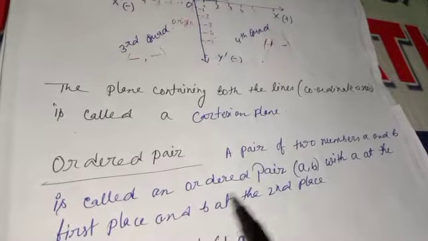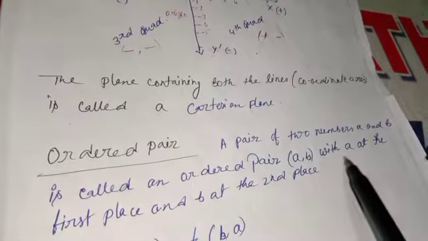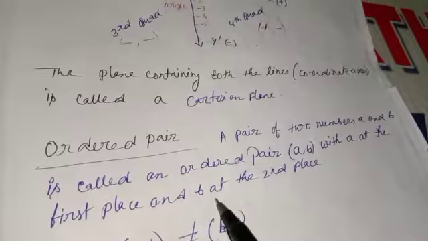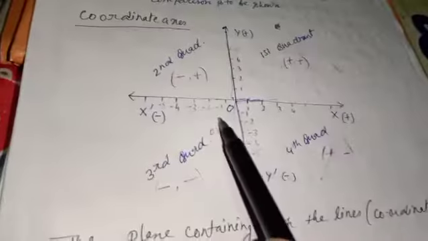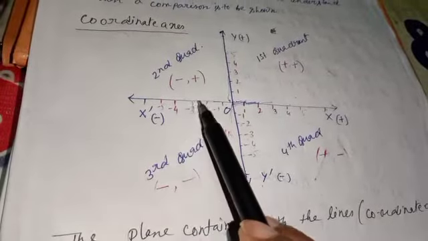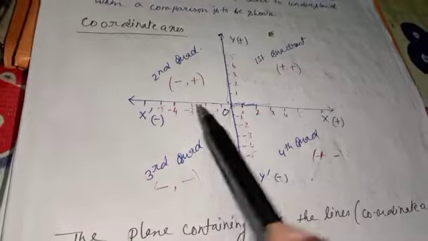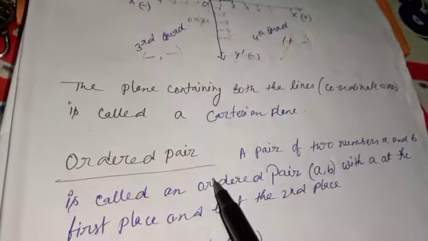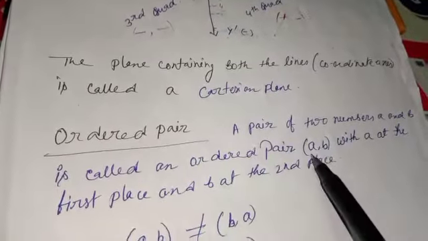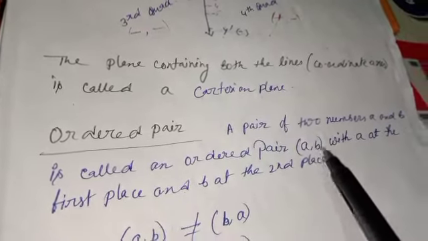So now, ordered pair. A pair of two numbers a and b is called an ordered pair, (a, b), with a at the first place and b at the second place. Already I told you, first you have to write the value on the x-axis, then y. You have to write a first, then b second.